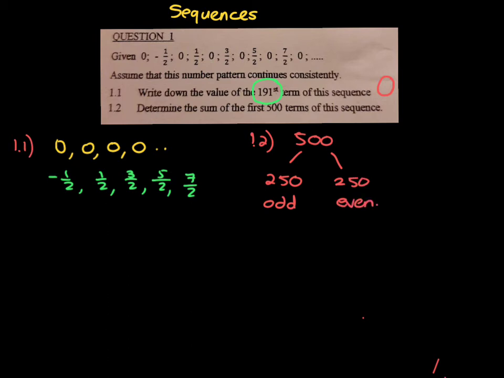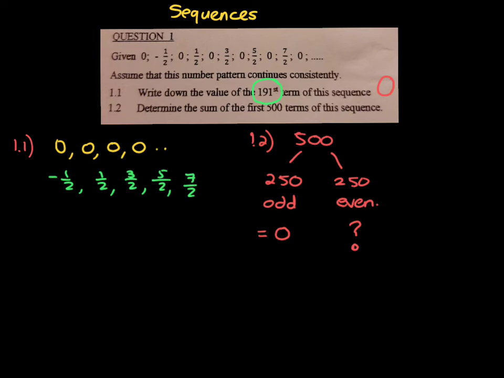And we know that the odd terms are all 0. So the sum of the 250 odd terms will equal 0. But we need to then work out the sum of the 250 even terms. And there we're going to use the SN formula.